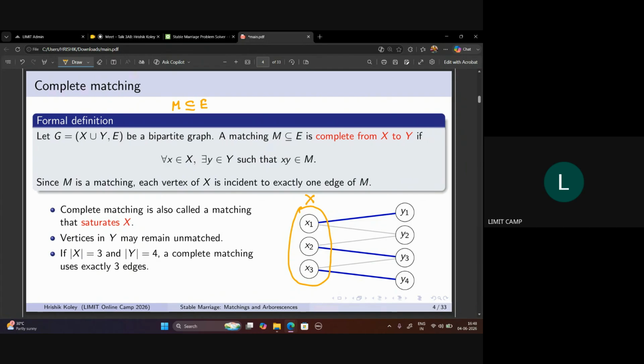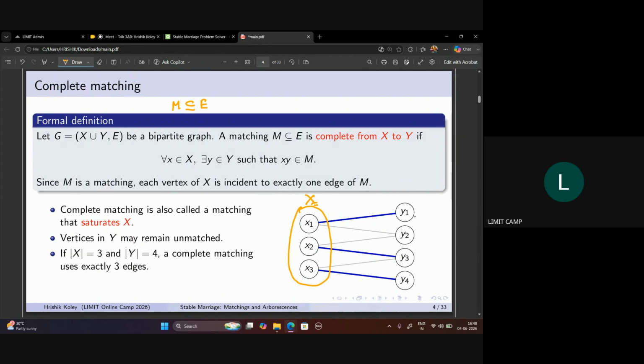A matching is complete with respect to this partite set X if every vertex in X is part of exactly one edge belonging to M.